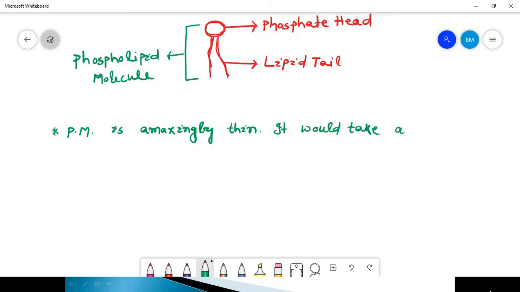It would take a stack of more than 8,000 plasma membranes to equal the thickness of a page.